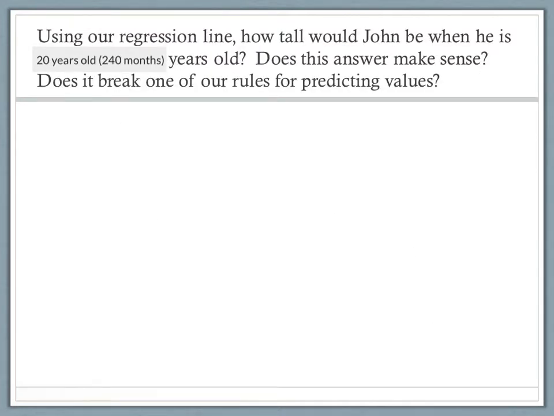Okay, let's take a look at this projection. Using our regression line, how tall would John be when he is 20 years old, or 240 months? All right, so does this answer make sense, and does it break one of the rules? Let's first do the first part. We're going to use that same equation, 0.34 times 240, plus 22.32.